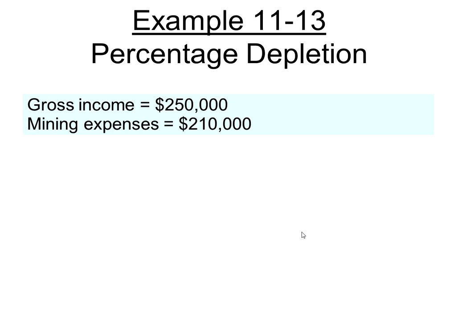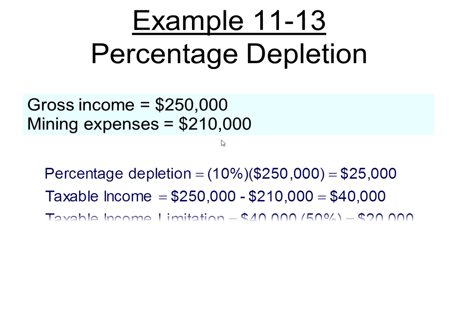Now let's take a look at percentage depletion. The gross income is $250,000, and the mining expenses are $210,000. So the percentage depletion is going to be 10% multiplied by the gross income, so it would be 25,000.